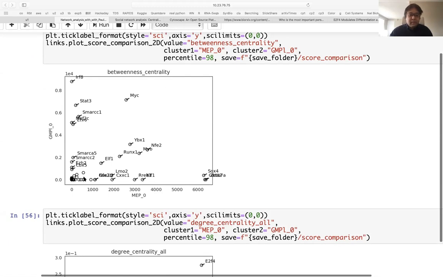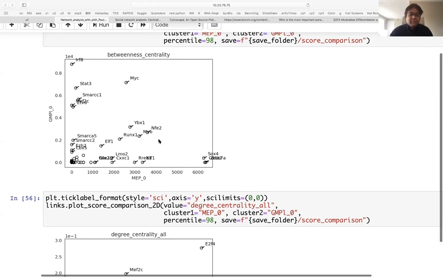In this visualization, this is the max betweenness centrality score, and this is the max of the x-axis. So we are looking at different scales, but maybe the important thing is you can just look at the difference between these scores.